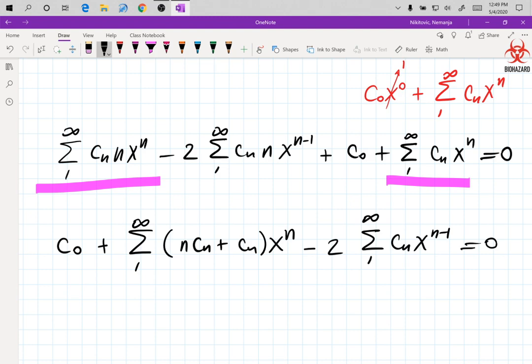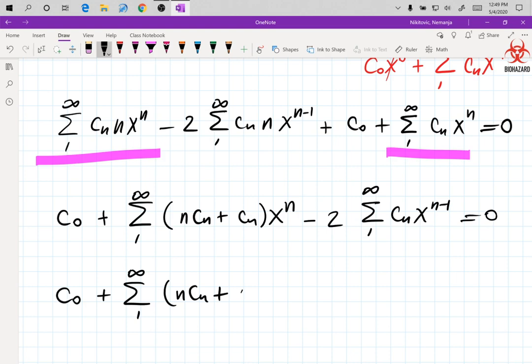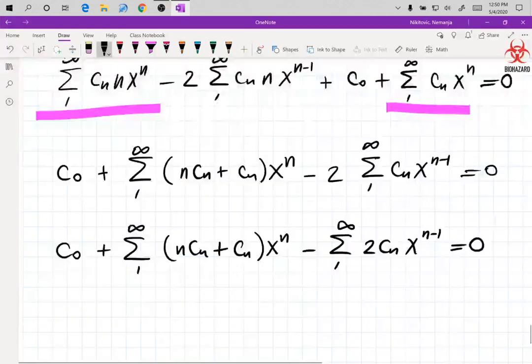So the first order of business is to take the 2 inside, because I can't operate when this 2 is in here. Minus is okay, sorry, the 2 is the problem. So we're going to kick that one inside. So nCn plus Cn x to the n minus the summation 1 to infinity 2Cn x to the n minus 1 equal to 0.